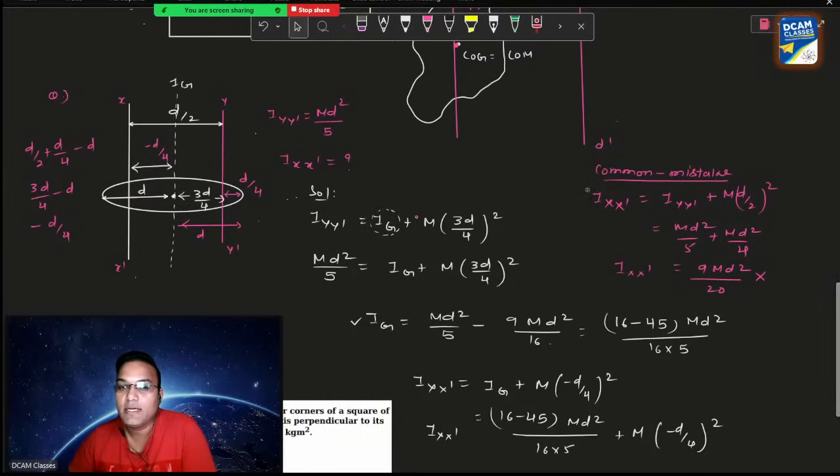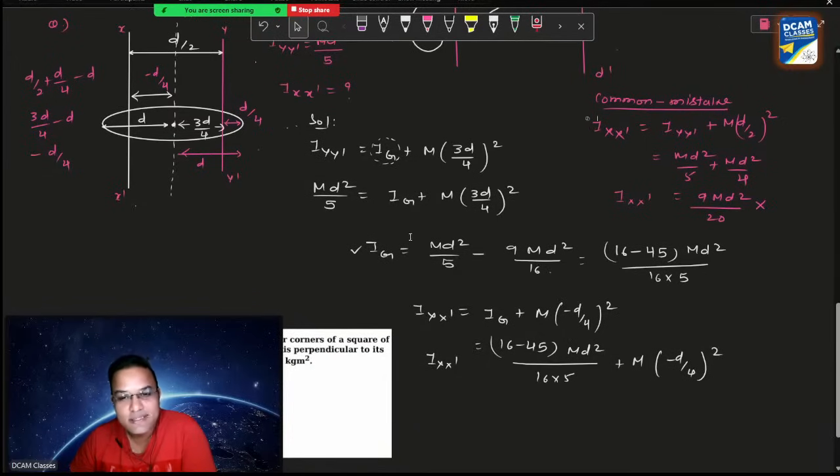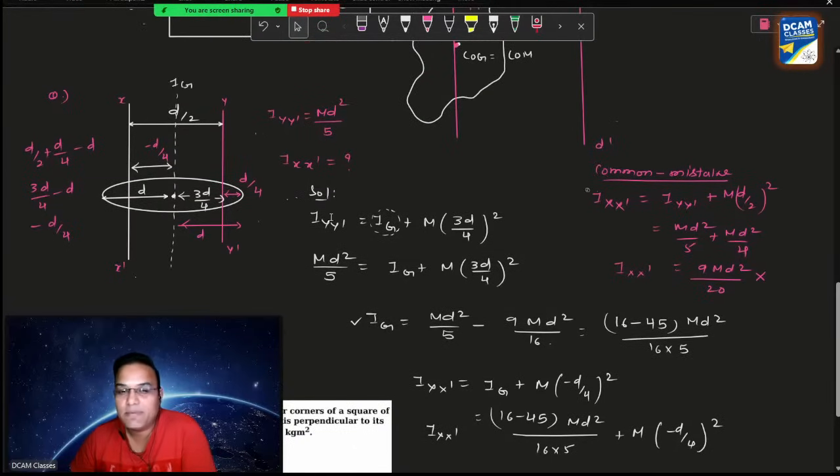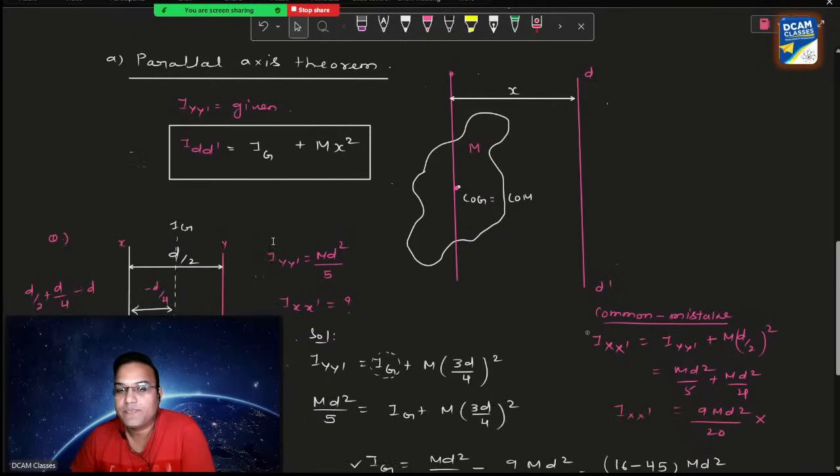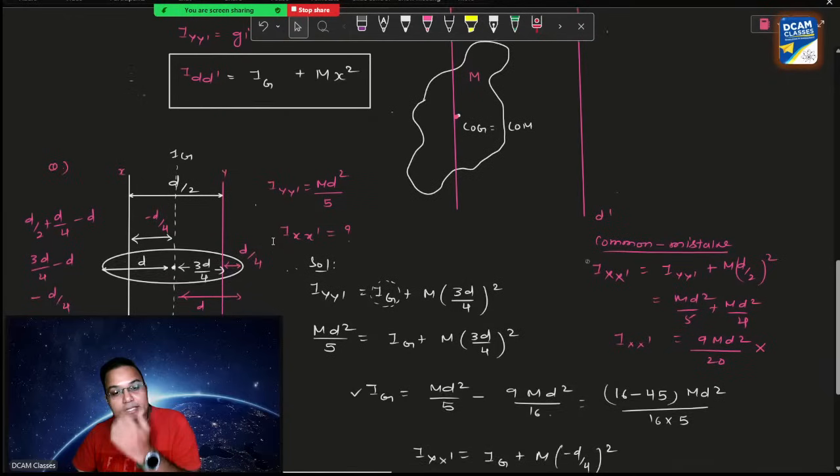What they have done is they did not focus upon the formula. I got a negative value, but don't worry about the negative value. Just try to understand the concept. The concept is this formula only applies for finding the moment of inertia about an axis which is parallel to the axis passing through the center of gravity. So in every case, if the given axis is passing through the center of gravity, it's okay.